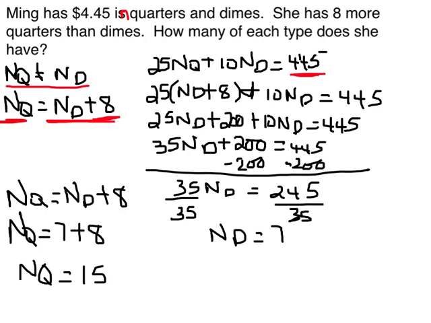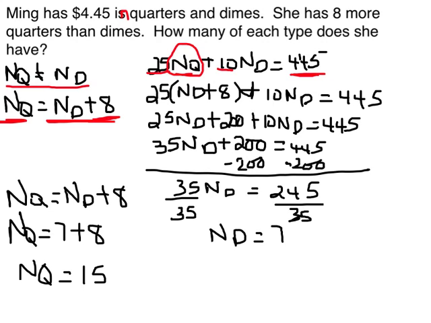So I'm going to attach value to the different coins. 25 times the number of quarters plus 10 times the number of dimes equals 445. Now I can come in and substitute in ND plus 8 for NQ, and then I'm going to simply do the math. 25 ND plus 25 times 8, which is 200, plus 10 ND equals 445.